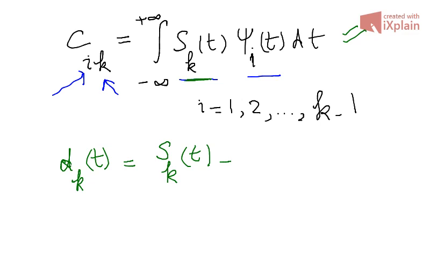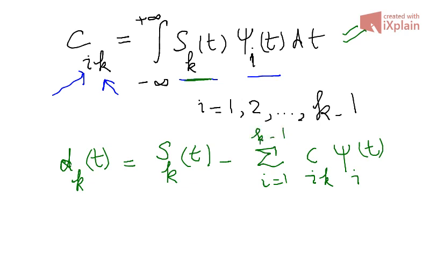The projections are taken over all the orthonormal basis functions, Cik psi i of t, for i from 1 to k minus 1, because when we choose the kth signal, we already have formed the k minus 1 basis functions, right?